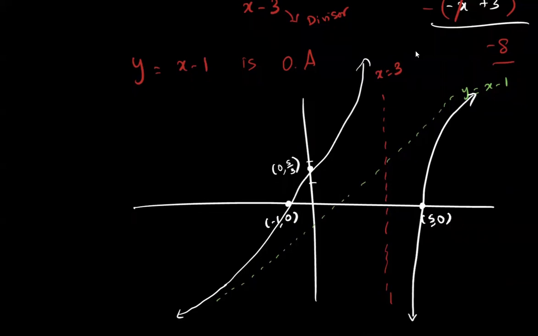So just to make the point, at the two ends of your graph, it is going to approach your asymptote. Okay. And then finally, when you're trying to rewrite the equation of a function given a graph, just work backwards.